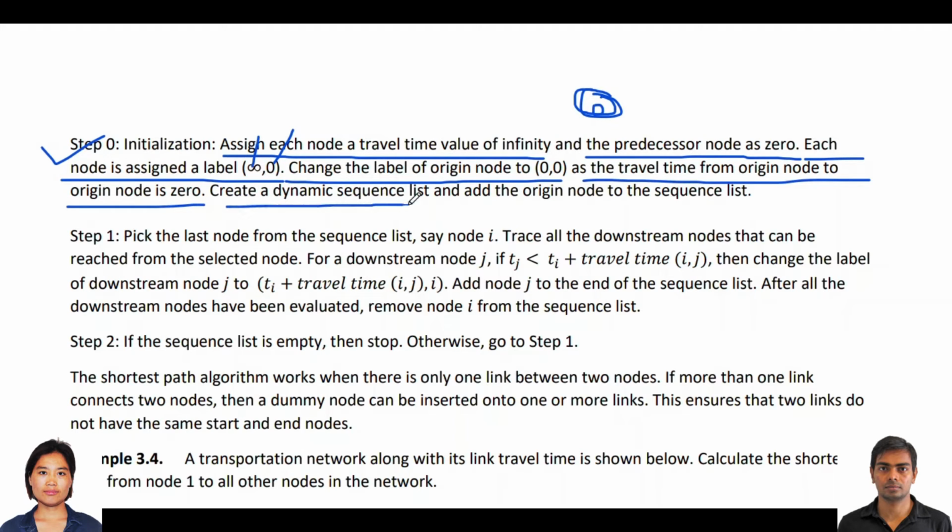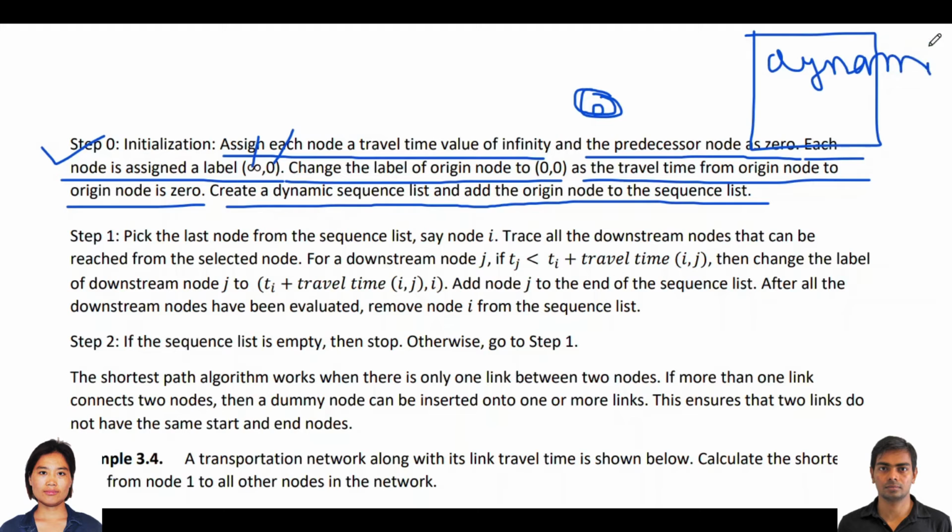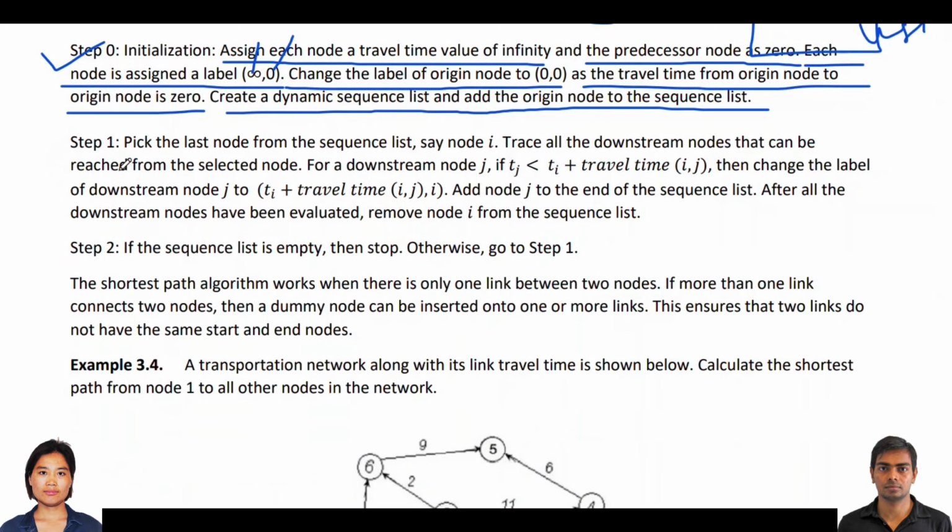Create a dynamic sequence list and add the origin node to the dynamic sequence list. So what we do is we will maintain a list called dynamic sequence list. Next, pick the last node from the sequence list.